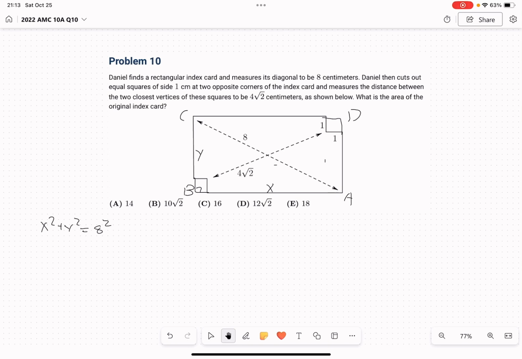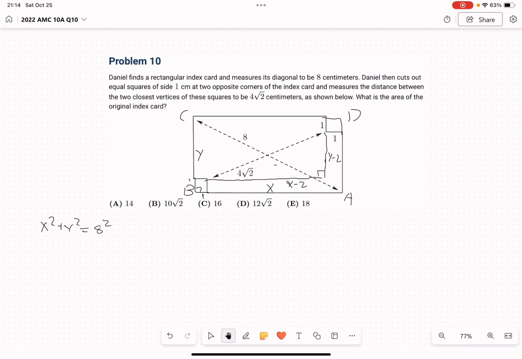Okay, and now we're going to do a similar thing by drawing some auxiliary lines in to make a similar equation. Now, this here is a right angle. And you can find this to be y minus 2 and this to be x minus 2. The reason we know those is because this is also 1 by 1.